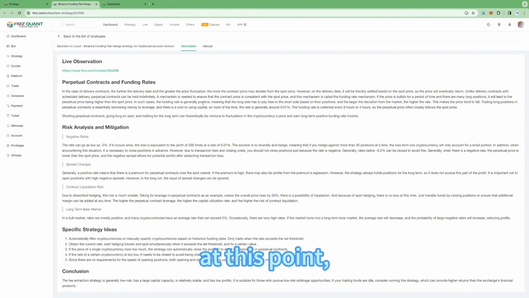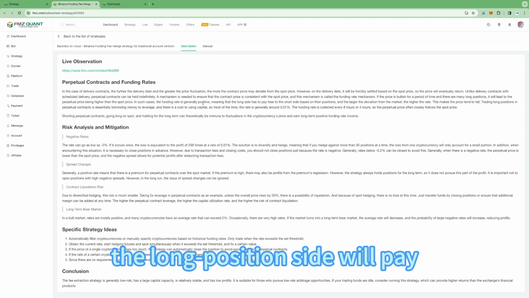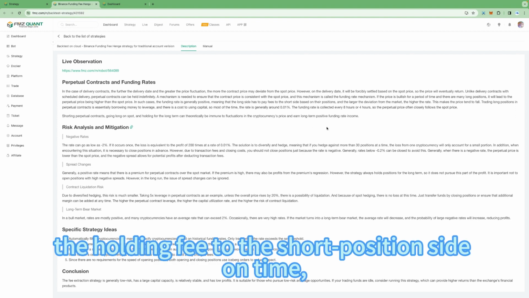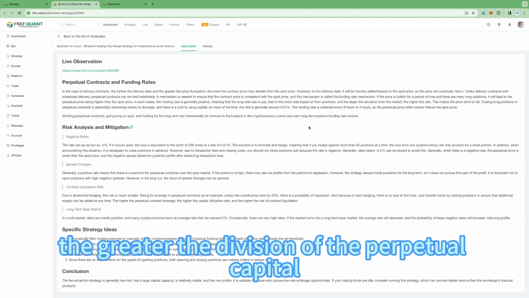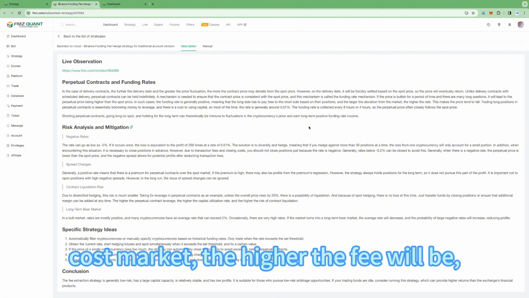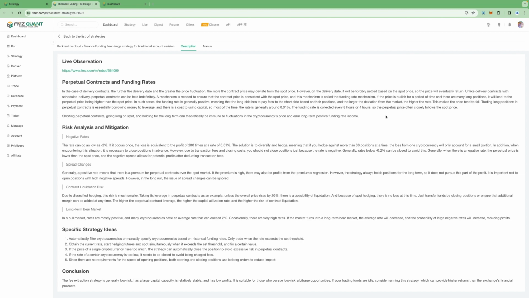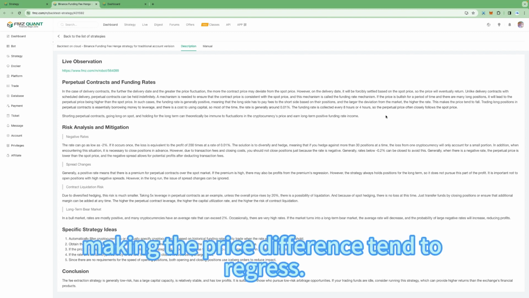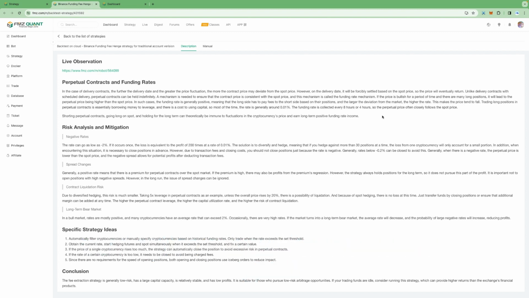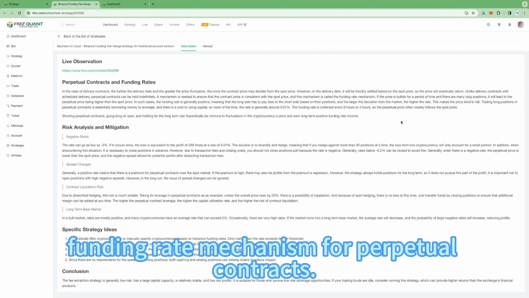At this point, the long position side will pay the holding fee to the short position side on time. That is, the greater the deviation of the perpetual contract from the spot market, the higher the fee will be, making the price difference tend to regress. This is the funding rate mechanism for perpetual contracts.